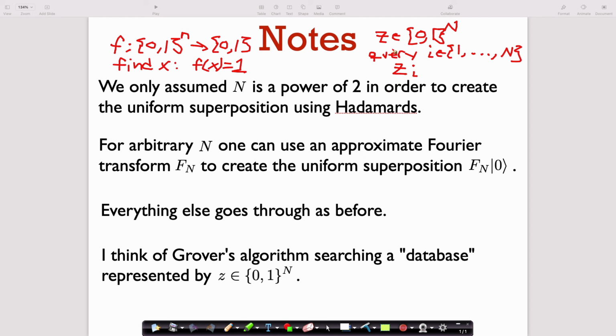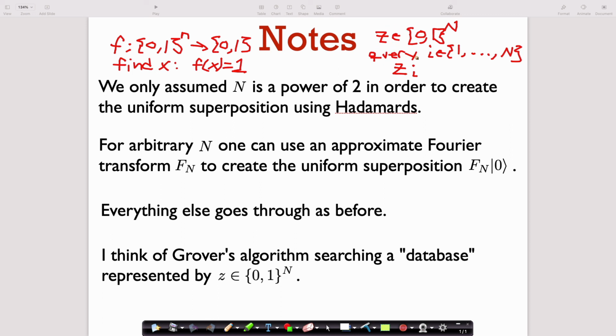This is typically the scenario in which we apply Grover's algorithm. Again, in this case, you would have the promise that there's exactly one bit of the string that's 1, and then you'd want to find that i such that z_i is 1.